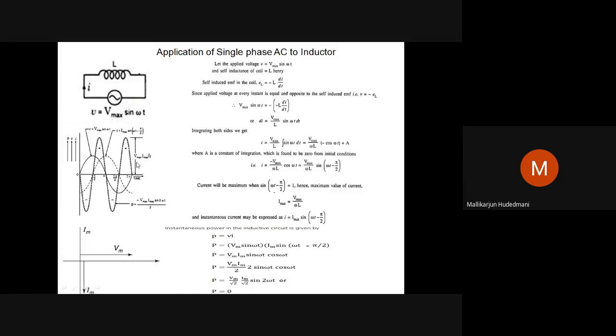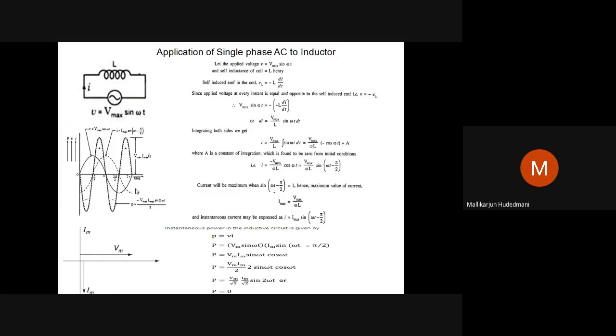The second term is, after representing the current wave, I have to calculate the power. Does this ideal inductor consume power? Theoretically, no. Whatever power is consumed is stored in the form of an electromagnetic field. Ideally, whatever energy is invested by the source into the inductor is stored as energy.